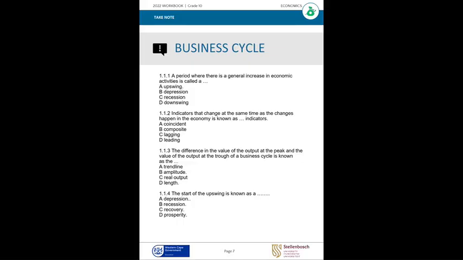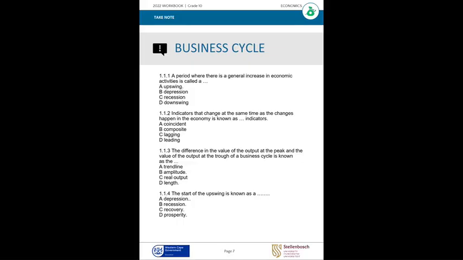1.1.4. The start of the upswing is known as, so now remember, we're going into an upswing, right? And then there are two phases of the upswing, two phases of the downswing. And I've just explained that in 1.1.1. I said to you, your depression and your recession are the phases of a downswing. The question here is talking about the start of the upswing. So now already I know A and B are out.